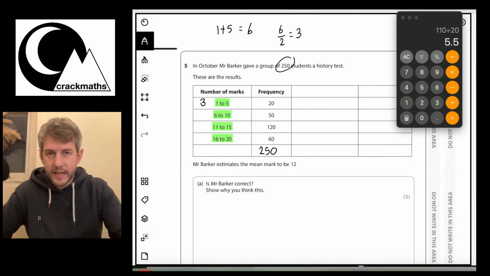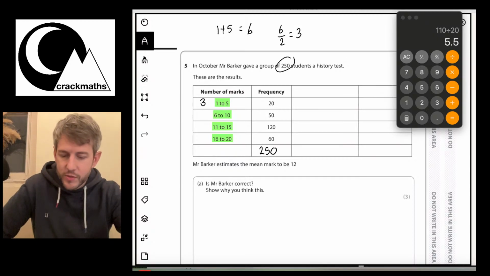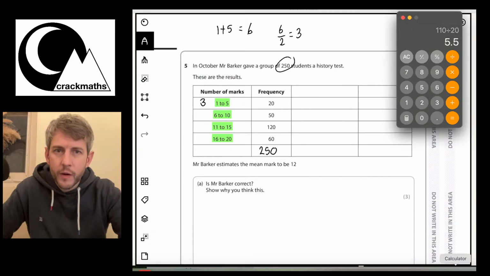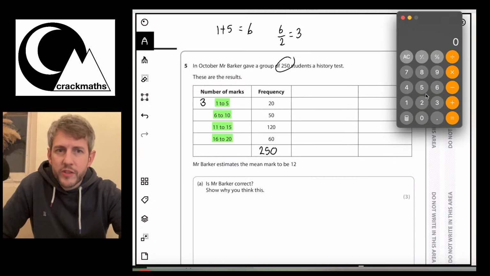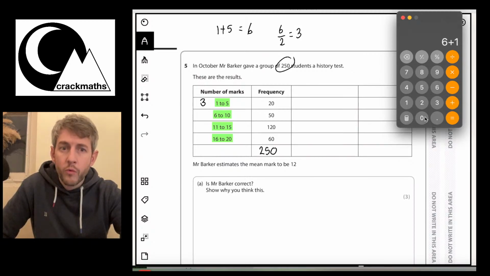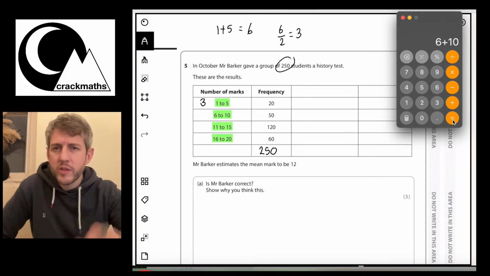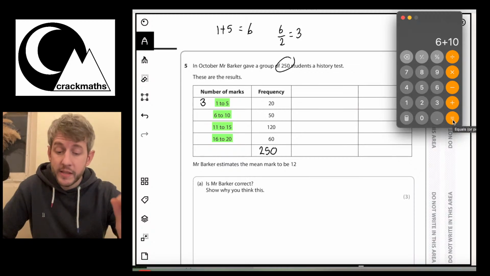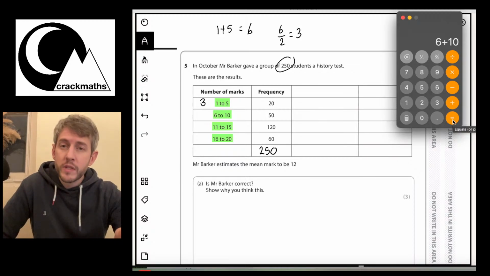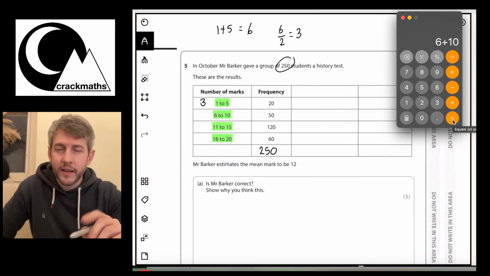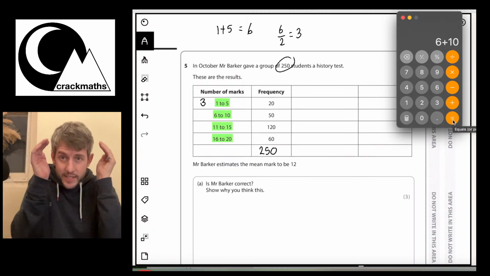The next one is here. So I could do this on my calculator as well. So let me have a go on my calculator just to make that easier. So the next one here, we could do 6, add 10. Remember to press equals at this point, because if you don't press equals right now and you just went into doing divide by 2, what it would do is it would do 6 add 10 divided by 2.